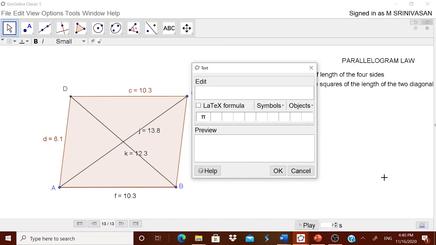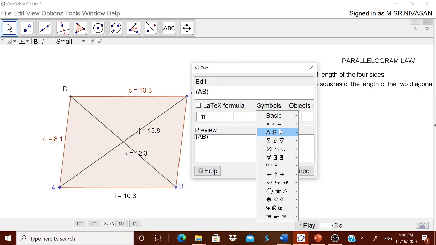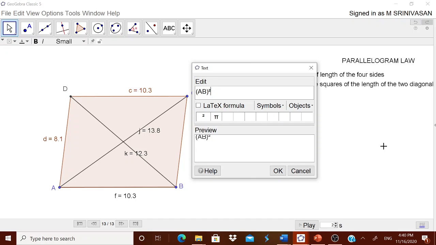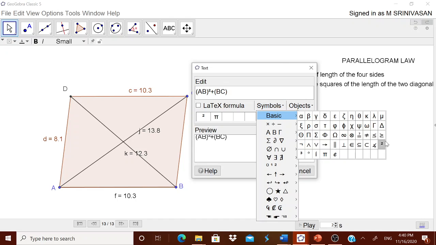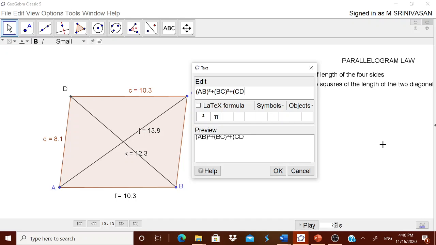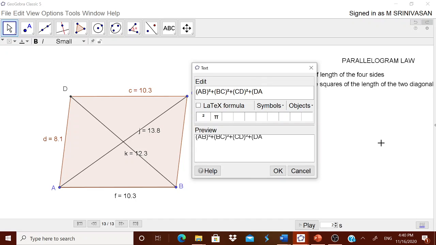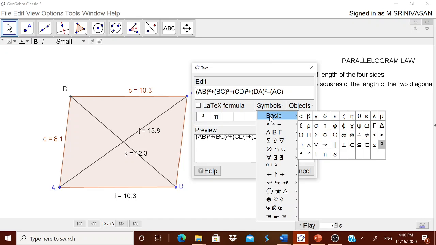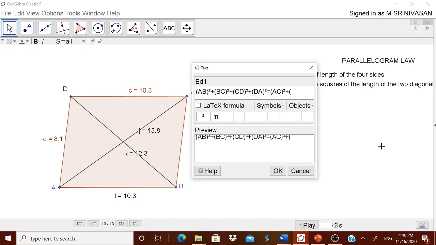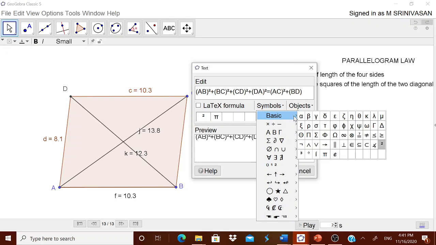That is, I want to prove that AB square plus BC square plus CD square plus DA square, typing each square from the symbols, is equal to the sum of the squares of all the four sides, equal to AC square plus BD square, the whole square.